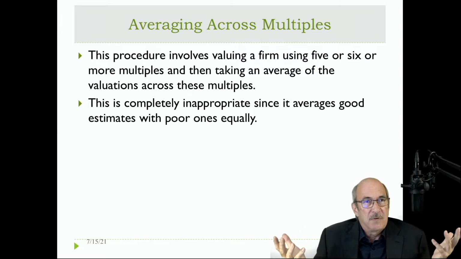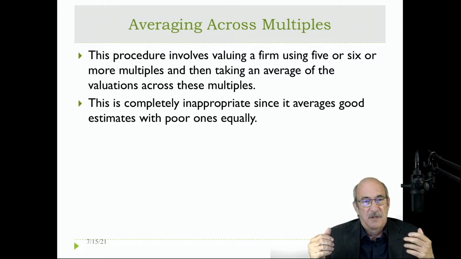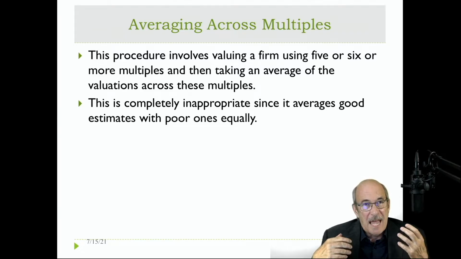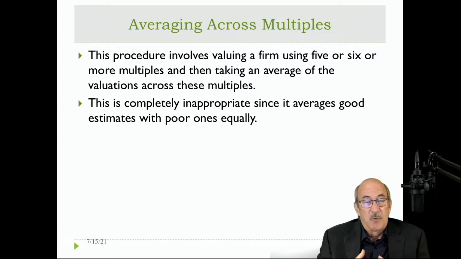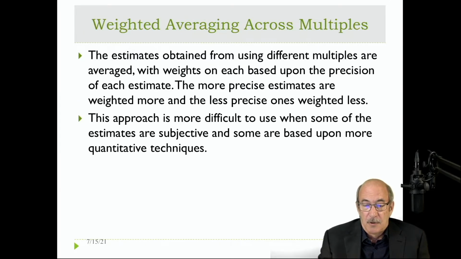Why should I do that? Maybe I ought to weight them on the basis of how much confidence I have in that firm being a good comparable for the subject firm, the firm I'm studying and trying to value. So there's certainly some wisdom in doing some sort of weighted average as opposed to assuming that they're all equally weighted. Don't make that mistake.